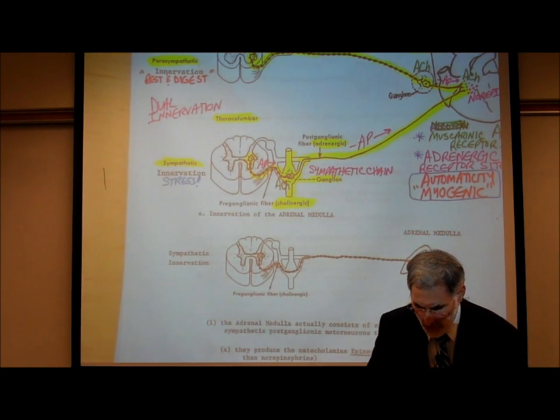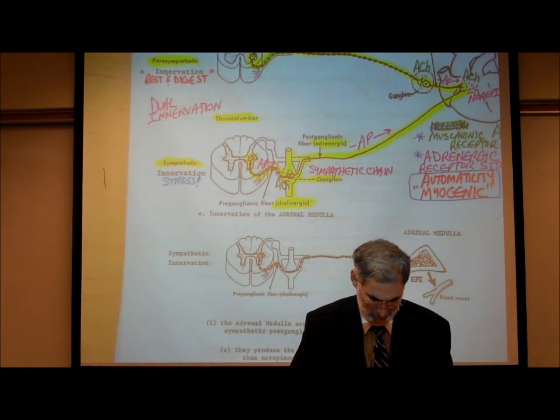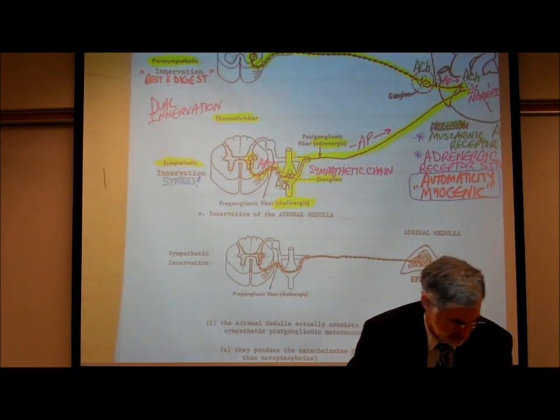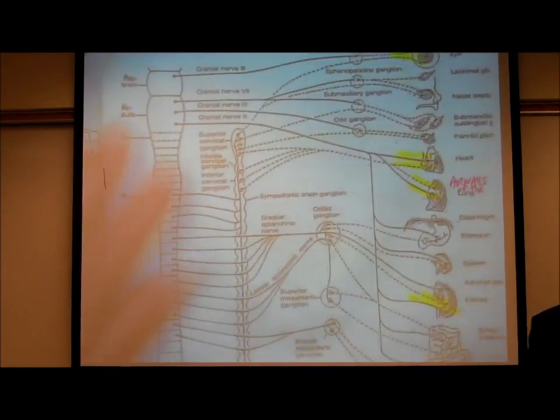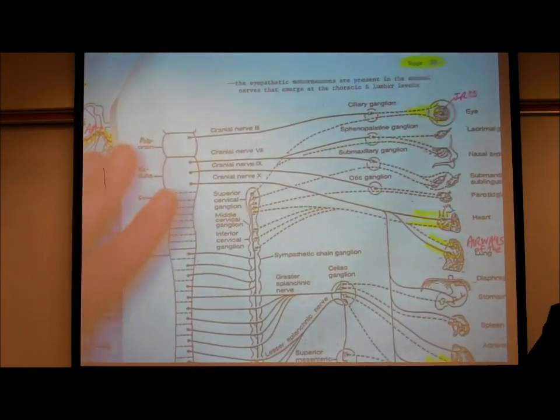Let's look at one more picture. And the other picture I want to look at is on page, well, two more pictures. On page 99, this is our composite picture.